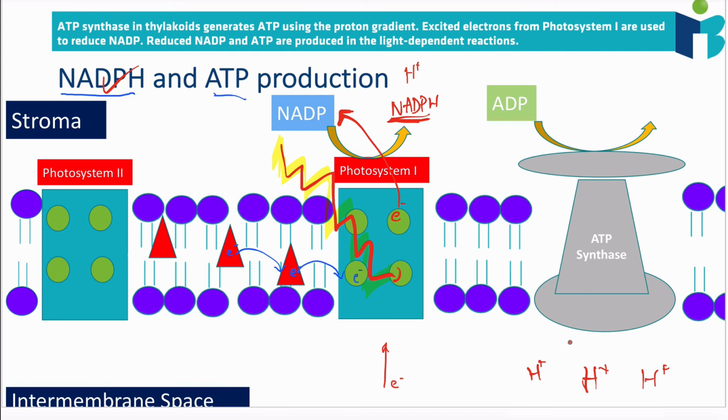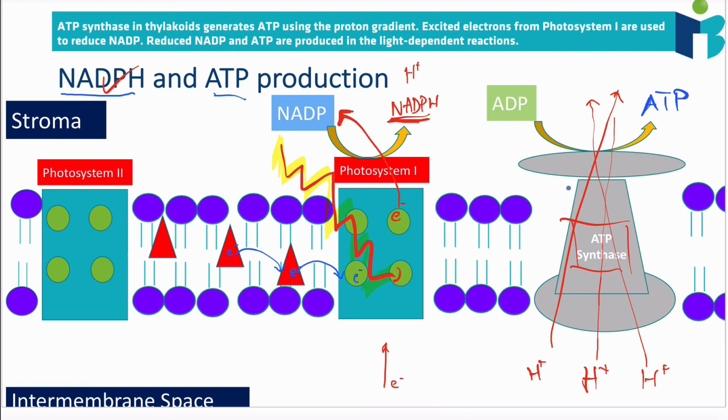Then we're going to allow these protons to flow down their concentration gradient through ATP synthase, the same protein that we found in cell respiration. By flowing through this protein, ADP is going to be converted into ATP. So it's the same process as before.